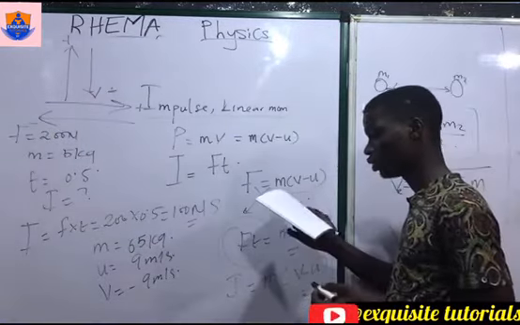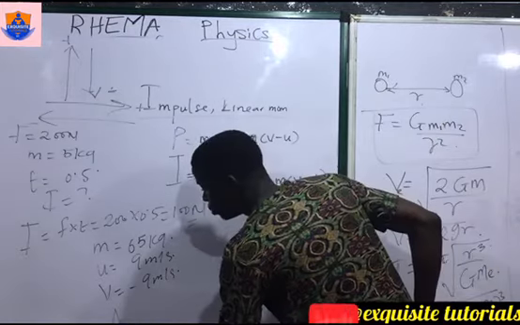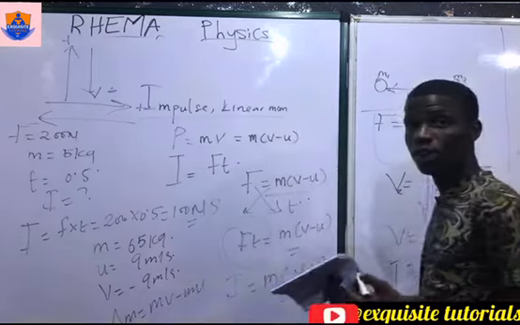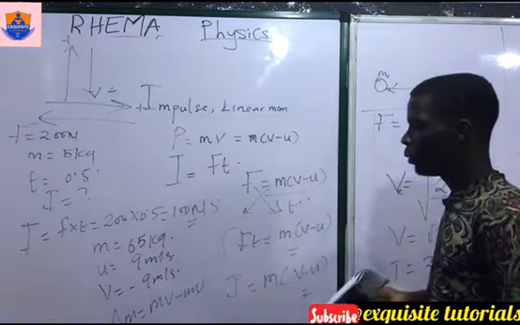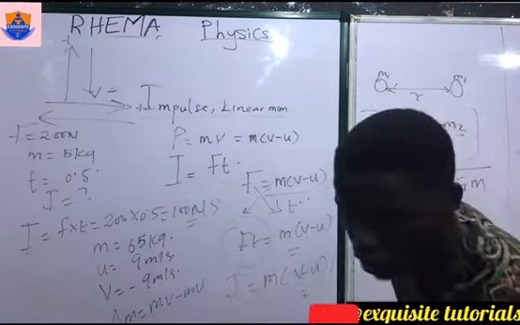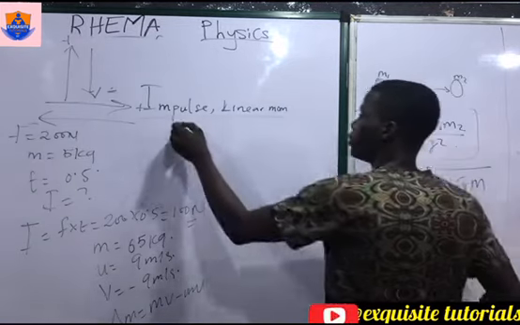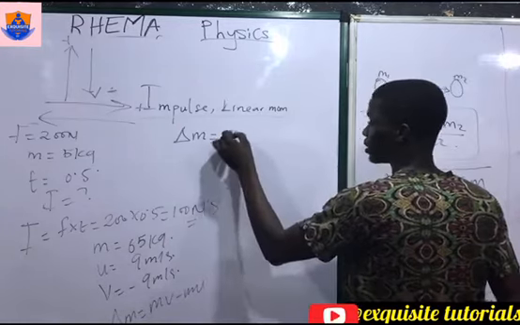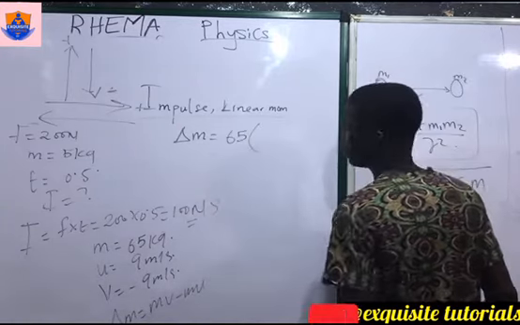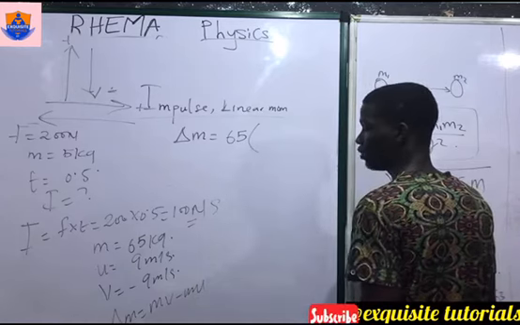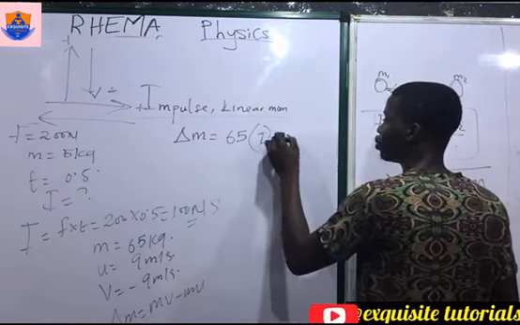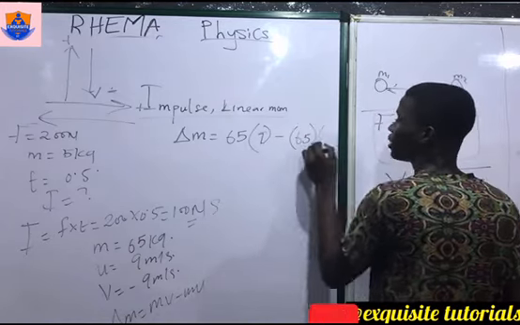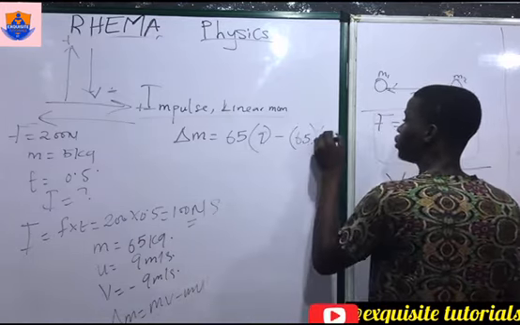Now the question says we should calculate the change in momentum. Our change in momentum is mv minus mu. So my change in momentum will be equal to, what is my mass? The mass is 65, the same body that performed that stunt. So it's 65 bracket 9 minus bracket minus 9, since this time the velocity is negative.